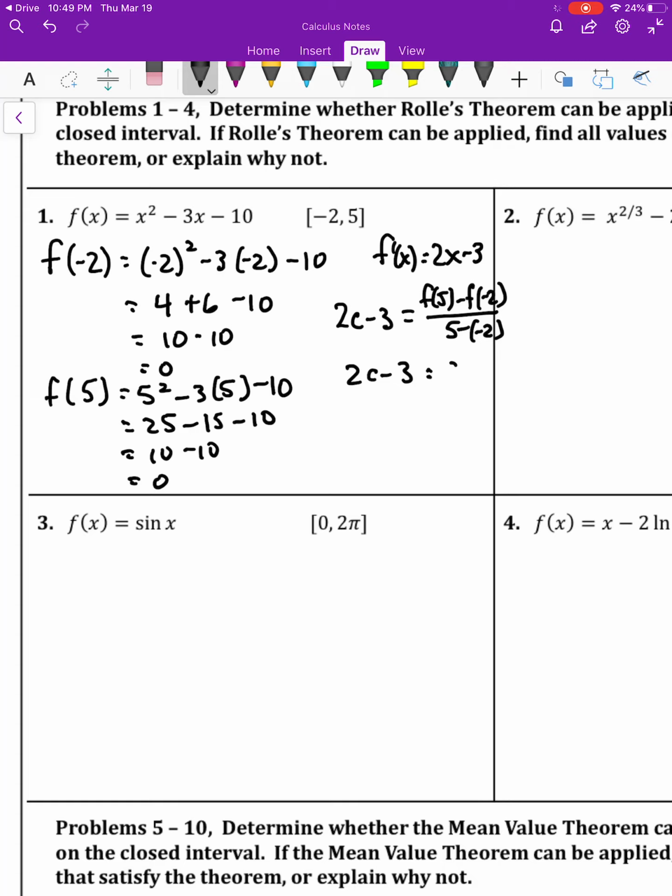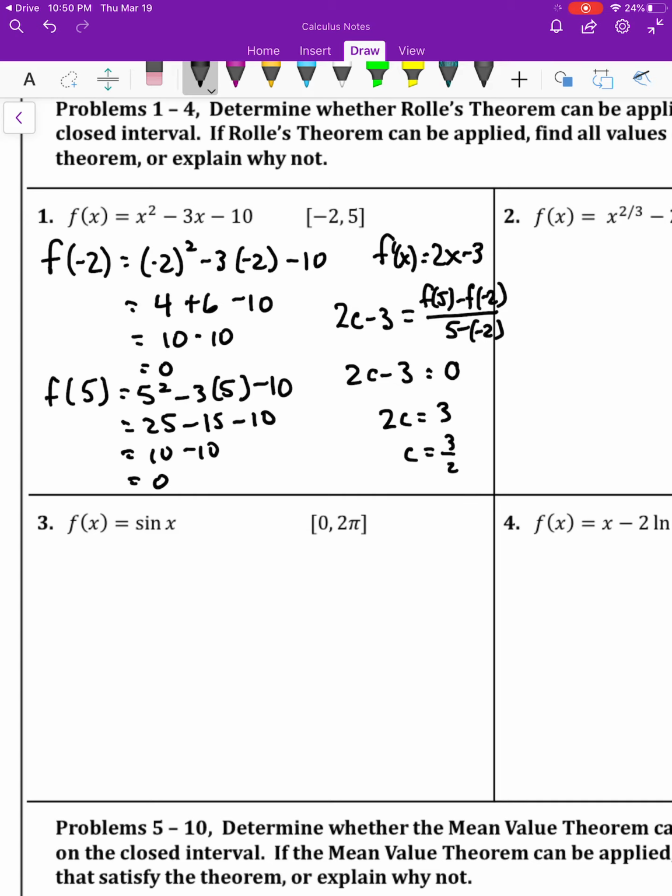So 2c minus 3 equals, remember this will always be 0 if you can use Rolle's theorem, because your f of -2 and your f of 5 are equivalent, so 0 over 7, but that's still 0. So we would add 3 to both sides and divide by 2. And there is our c value.